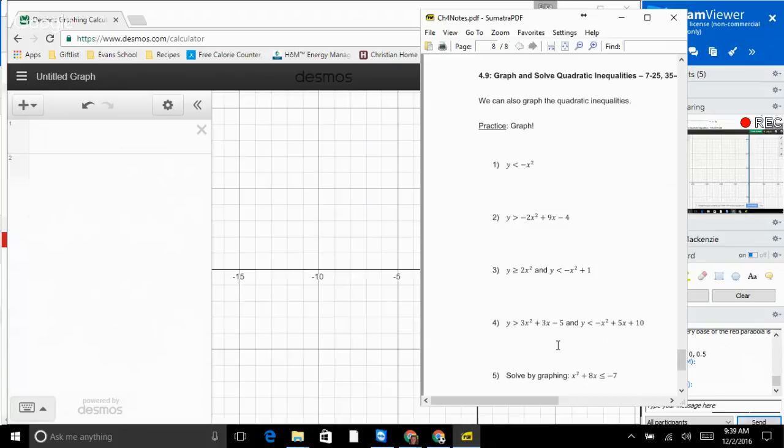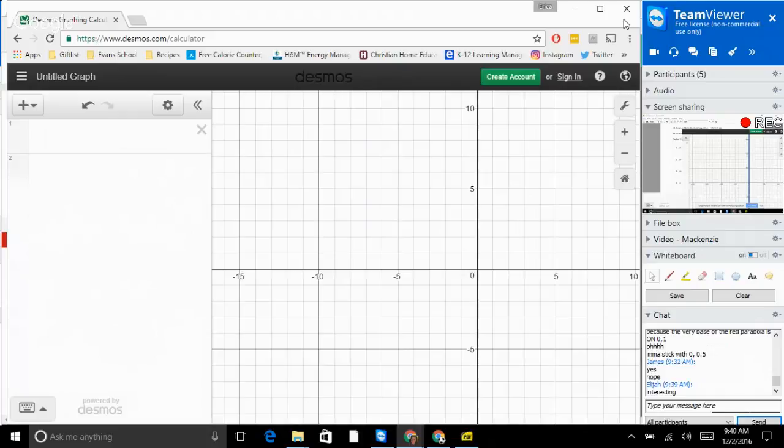All right, so let's look at number 41. I'm on page 305 in your book. It says solve the inequality by graphing. So what we're doing is, these equations do not have a y value.